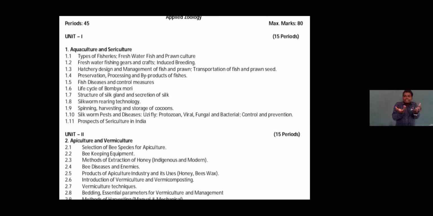Fishing, catching the fishes from the pond water, the process is called fishing. By using instruments like boats, nets, Bombay boats, Goa and Kerala sardine nets, gill nets, whatever the instruments we use for catching the fishes, that is called fishing gears and crafts. That is one of the important topics.